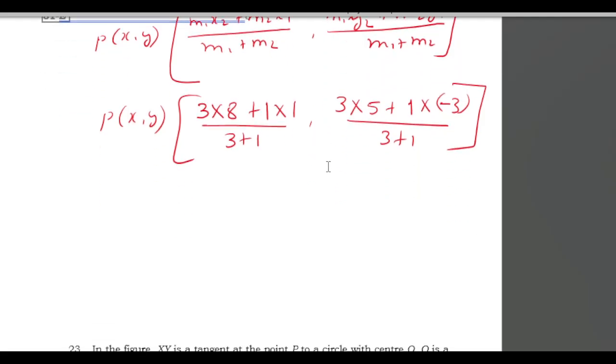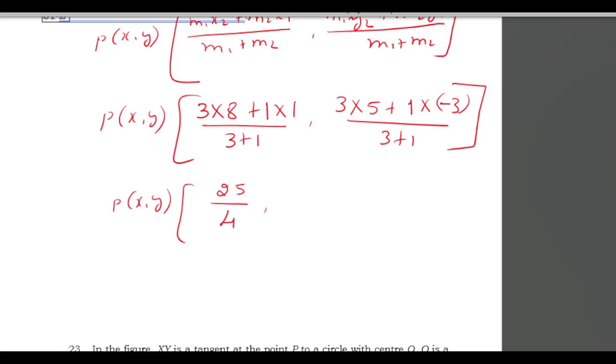Next step we simplify this one. So we get the x and y value. P of (x, y): 3 into 8 is 24, 24 plus 1 is 25, divided by 3 plus 1 is 4.